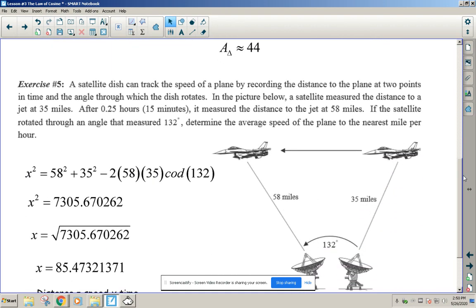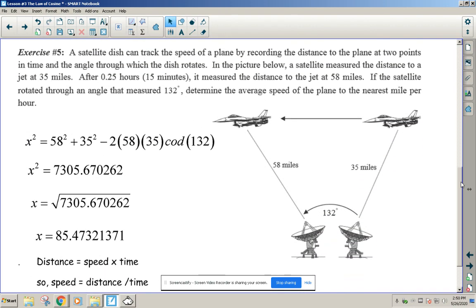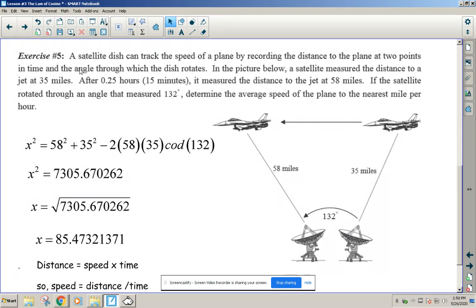And here we have a satellite dish, which they give us this great picture. And the satellite dish can track the speed of a plane. Now, if you think about it, these two satellites, this is the vertex of the angle, and the angle is 132, and this is the side we're looking for. They want to know how far, and so there's the x, and then here's the two sides with the included angle, and that's a cosine.